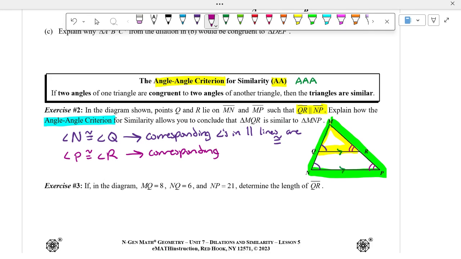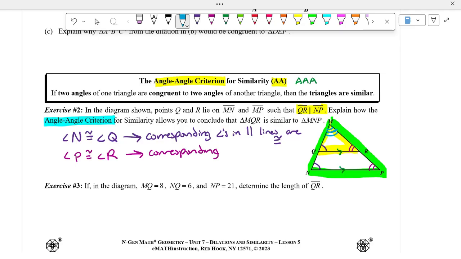And there's one more angle that I can say for a fact is 100% congruent. Which one? Not M and Q, just M. M can be congruent to itself, because if you look, M is an angle that's in both triangles. It's the top angle for the small yellow triangle, and it's the top angle for the bigger green triangle.